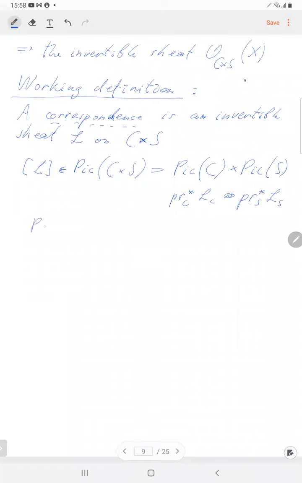So let's call it Pic bar of C times S, the Pic group of this surface modulo the line bundles lifted from the factors.